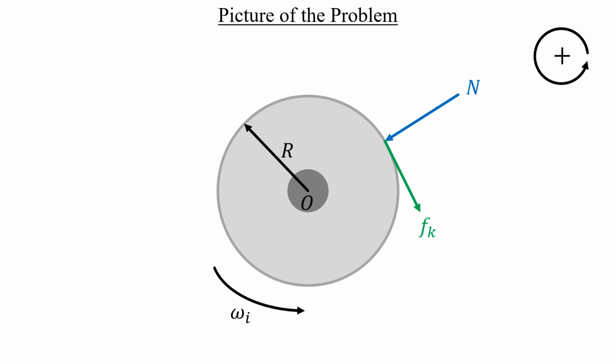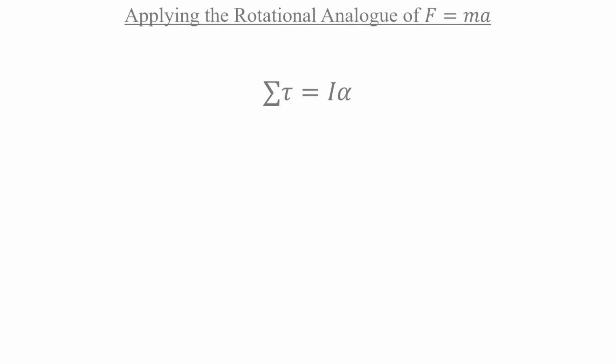The plan is to use these vector components with the rotational analog of Newton's second law, which says that the net torque on a rigid object is equal to the product of the moment of inertia and angular acceleration of the rotating object.